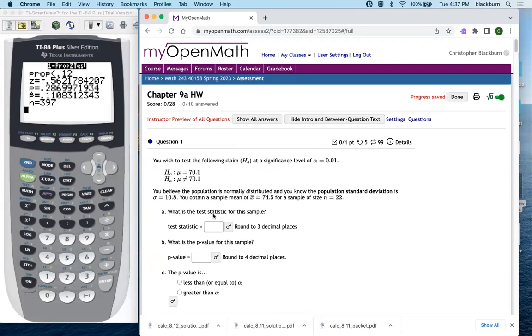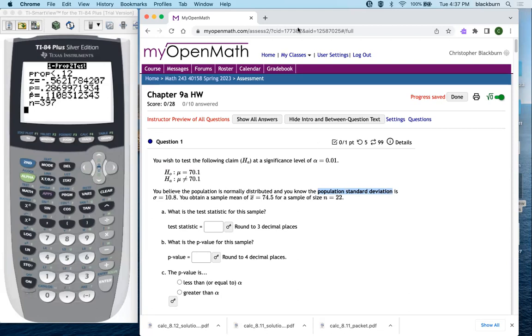So you believe that a population is normally distributed and you know the population standard deviation is 10.8. You obtain a sample mean of x-bar equals 74.5 for a sample size of n equals 22. First of all, you know the population standard deviation is 10.8. So this tells us we're going to use the z-test.